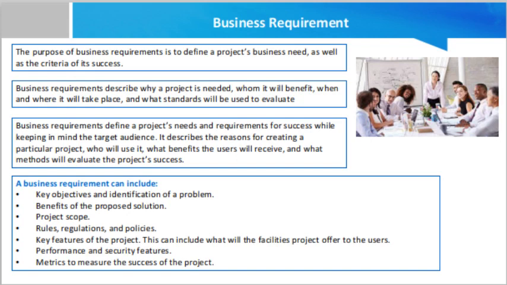Remember, friends, any requirement related to the performance of the system is an example of a business requirement. You want your website to open in all browsers, including Internet Explorer, Chrome, etc. This is also an example of a business requirement.